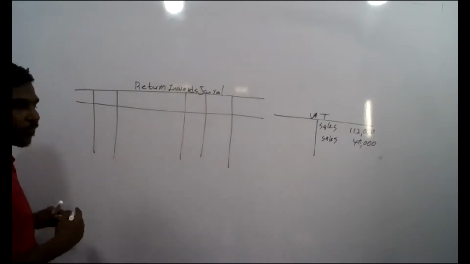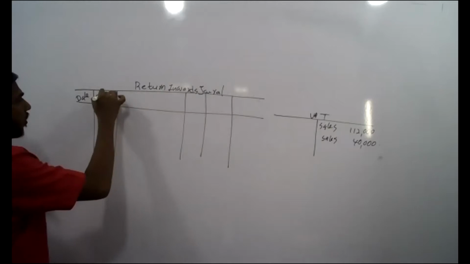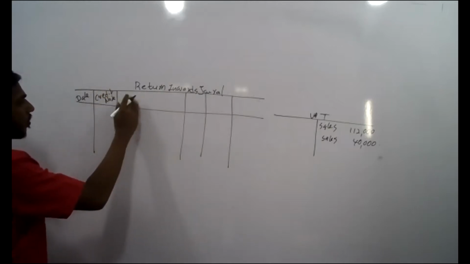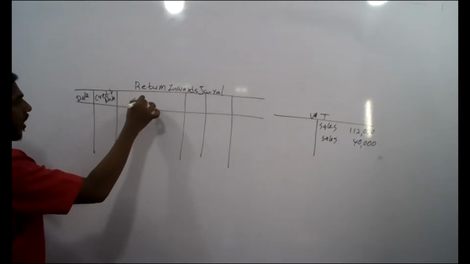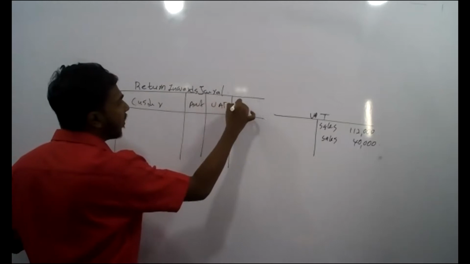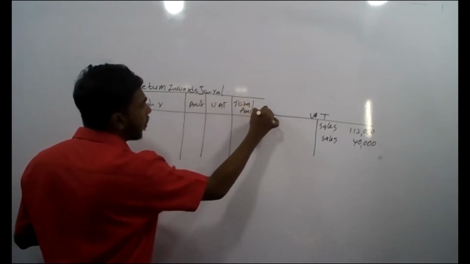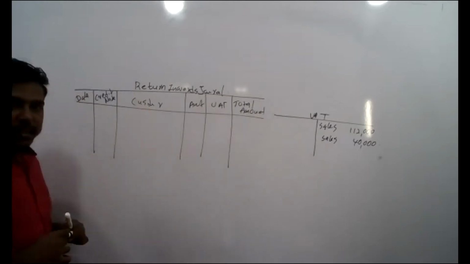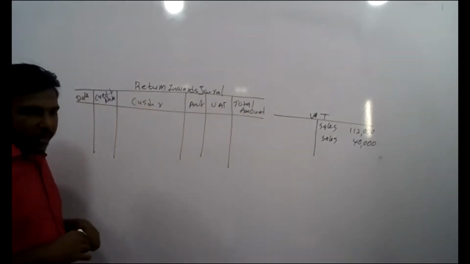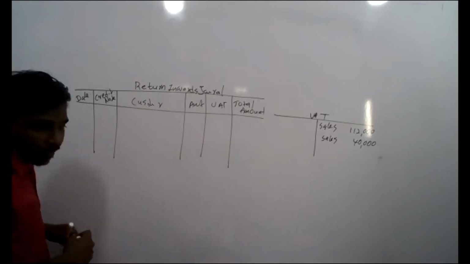Returns inwards journal. Then here: date, debit note, then credit note. Here comes the returns inwards note, who is the customer, amount, here is VAT, here is the total. Clear? So now the date is whatever date.